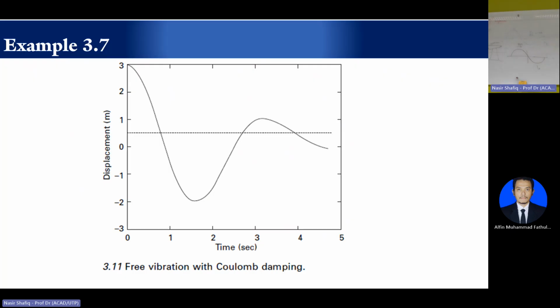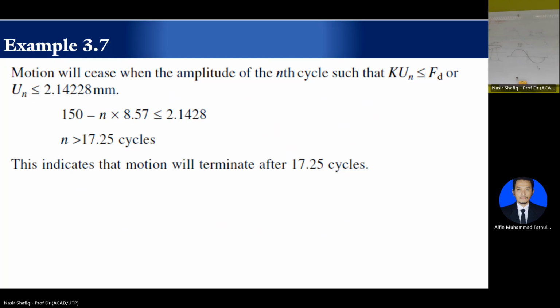So free vibration with Coulomb damping. The motion will cease when the amplitude of the nth cycle is less than FD upon K, or 2.118.